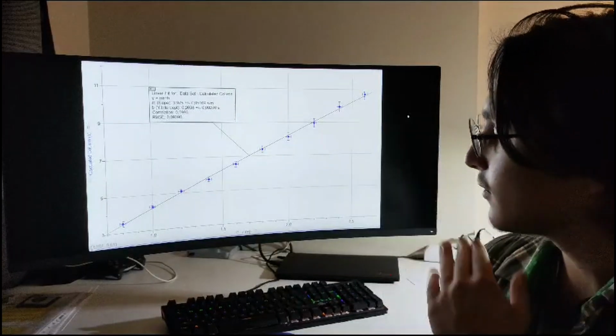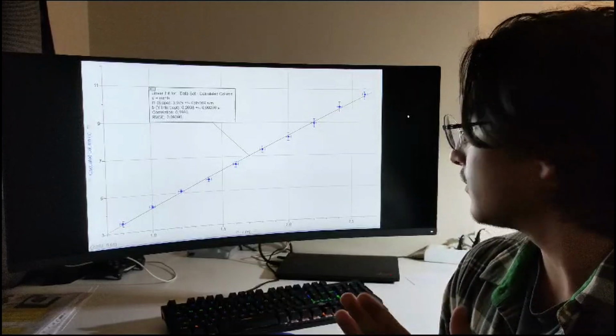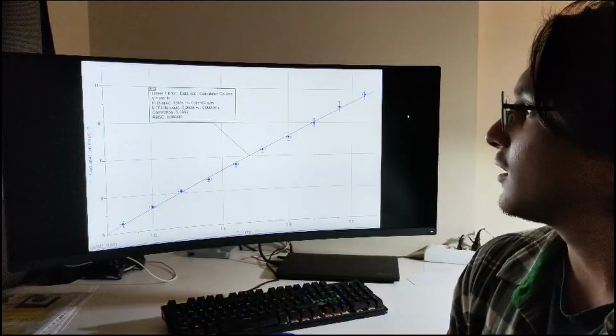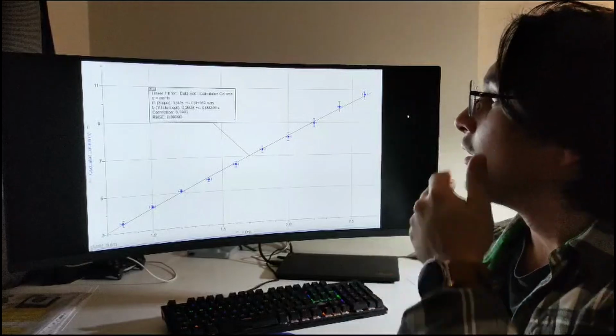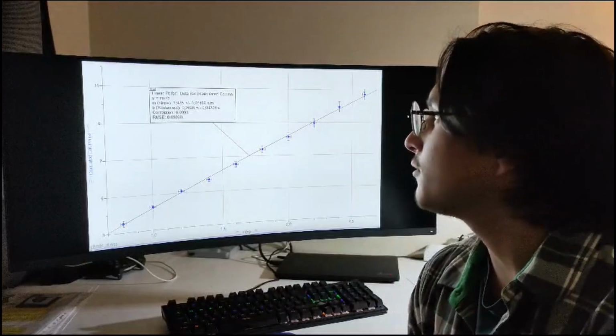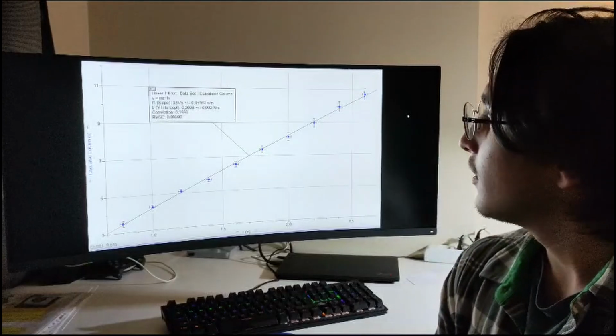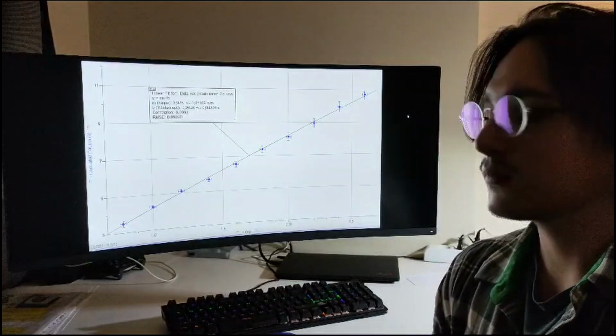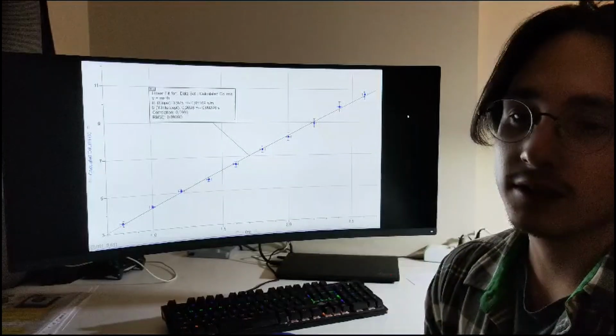And from the linear graph, from the best fit line, we can see a slope of 3.975, and from this value we'll calculate the g value.